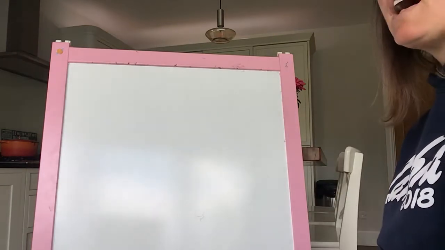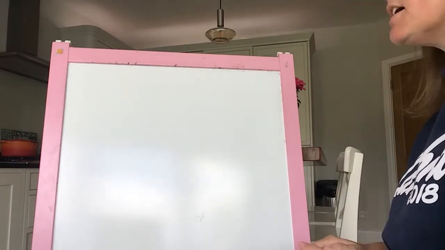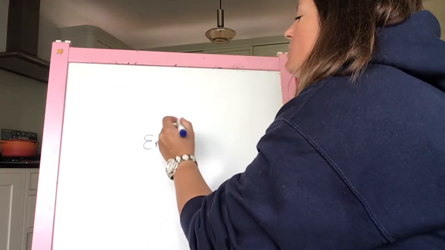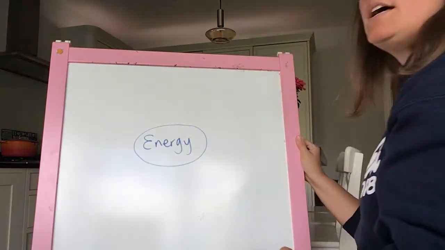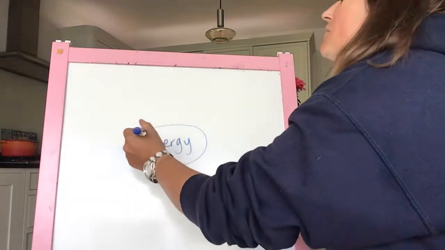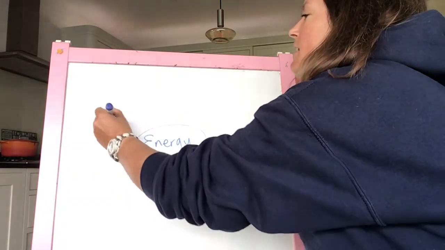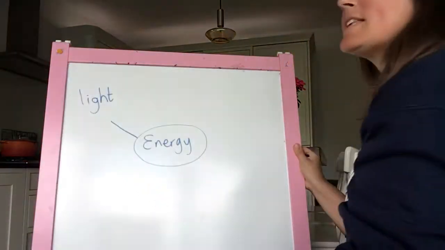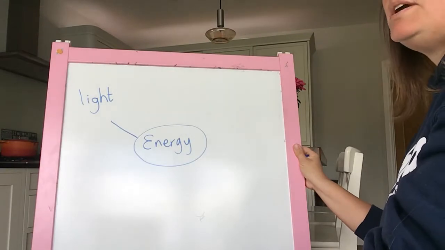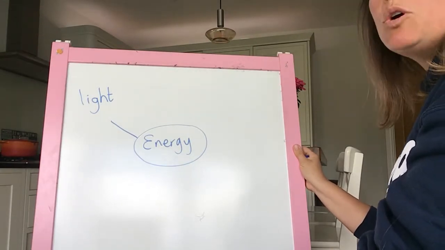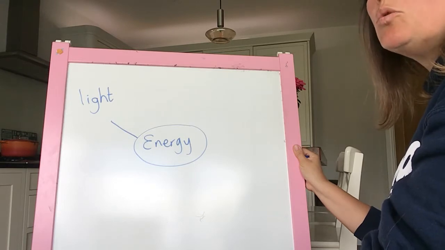Now then, there are 8 different types of energy that you need to learn. So if we write energy here, and do a spider diagram, let's write about all the different types of energy that we can think of. The first one that I can think of is light. That could be the sun, a light bulb, the light on your mobile phone, or a torch.